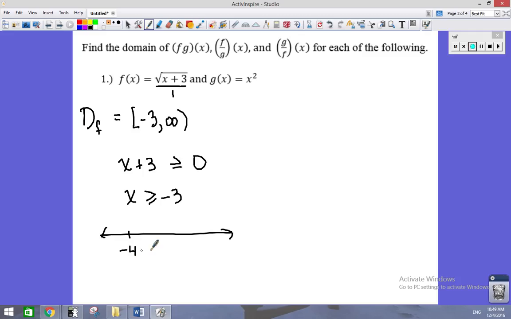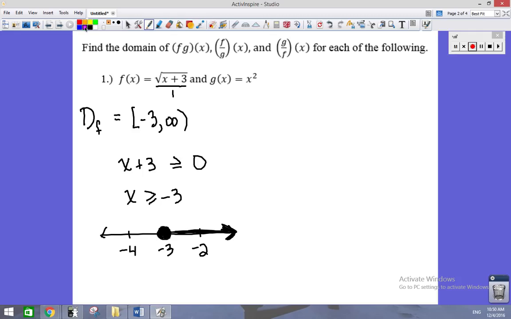Negative 4 is smaller than negative 3, it's to the left. Negative 2 is bigger, it's to the right. I'm going to shade in my point at negative 3 because of the equality. It's okay for x to be negative 3 because I get the 0 and I can take the square root of 0. And I want values that are larger than negative 3. Okay, so there's a picture for my domain of f.